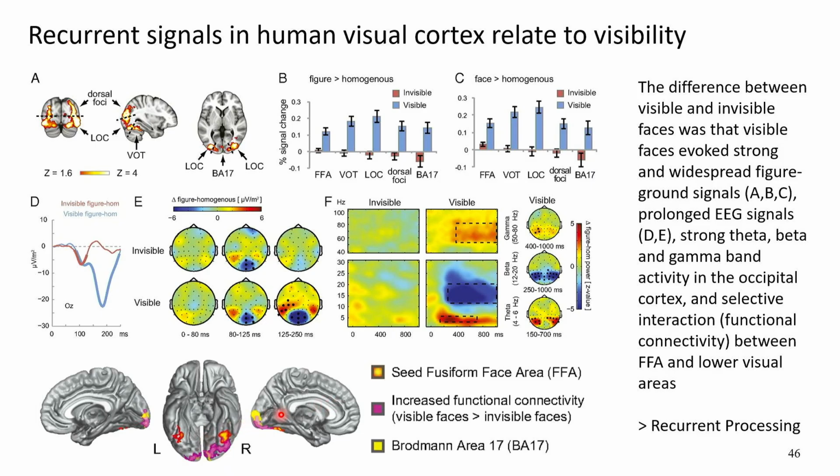And what you have here is to what extent activity in early visual areas shown there depends on activation in high-level areas, in this case FFA. Indeed, what you get there is that there is strong connectivity between FFA and lower visual areas in the case of a visible face, which is not there in the case of an invisible face. So again, pointing to the same thing, which is that these recurrent interactions are very strongly linked to whether you see stuff or not.